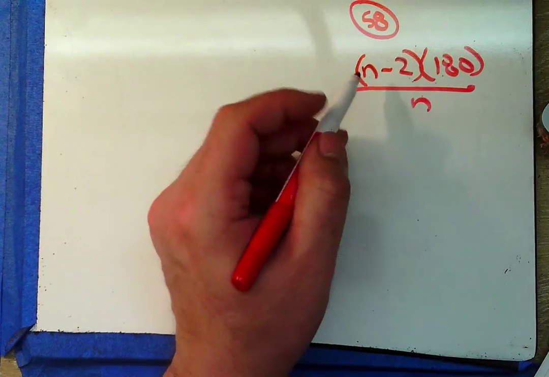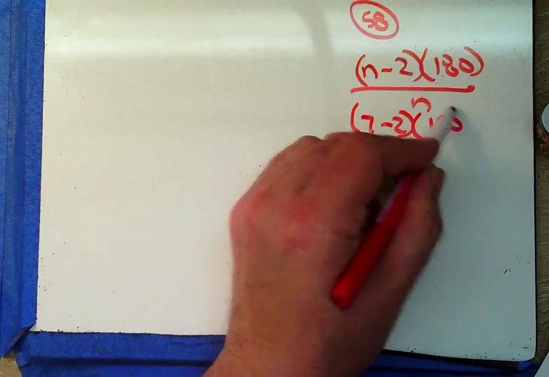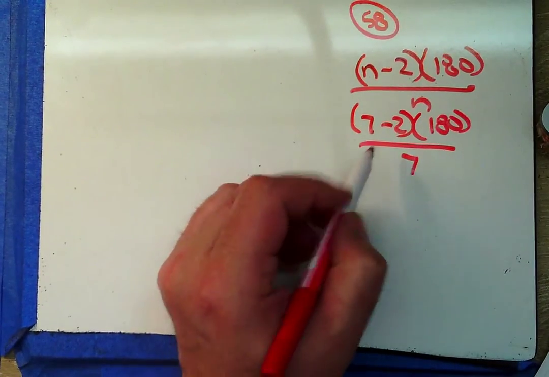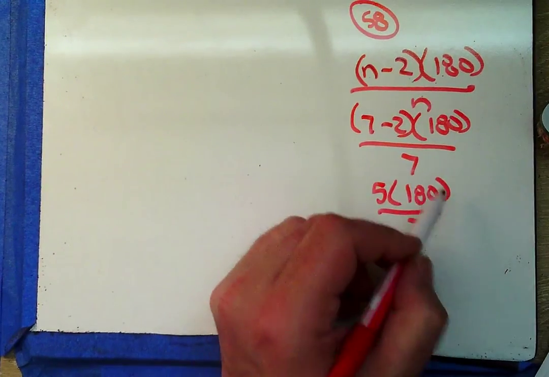So a septagon has 7 sides. 7 minus 2 times 180 over 7.